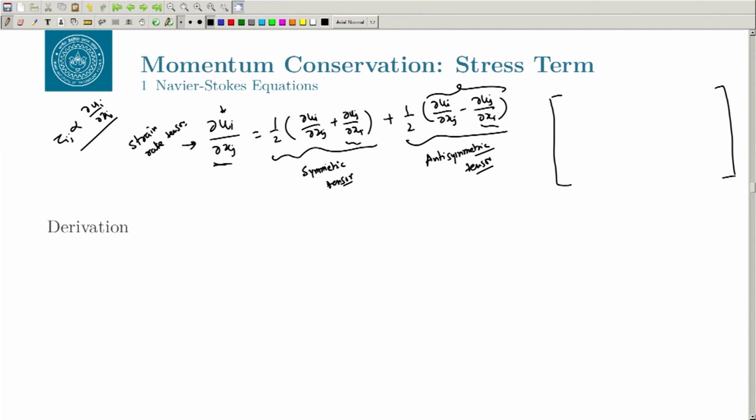So this is what is important for your stress. The antisymmetric tensor will not cause any stress, because it is the vorticity, and that gives you rotation, right. So the symmetric tensor is what is important for the derivation of stresses.